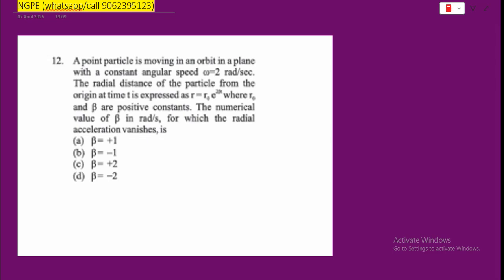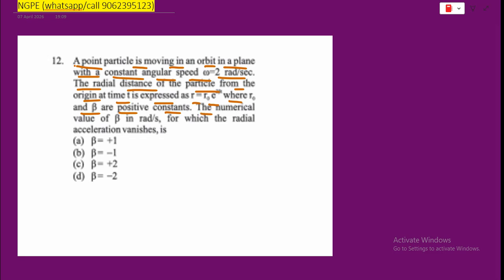Okay, so come to the question first. Question number 12. It says a point particle is moving in an orbit in a plane with a constant angular speed omega equal to 2 radian per second, and the radial distance of the particle from the origin at time t is expressed as r equal to r naught e to the power beta t, where r naught and beta are positive constants.